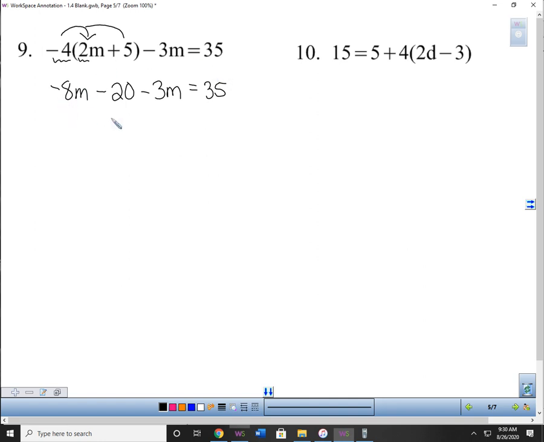So I look on this side and I see that I have a -8m and a -3m. So I'm going to put those together. -8 plus a -3 is -11m. Then you still have your -20 equals 35. So now you are ready to solve for m. I notice that I'm multiplying m by -11 and I'm subtracting 20. So I'm going to start by adding 20.